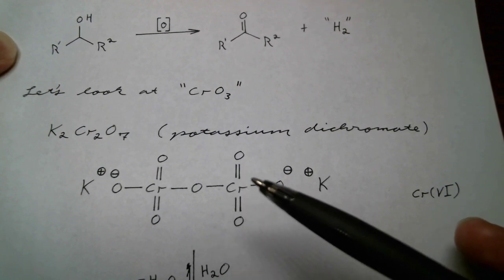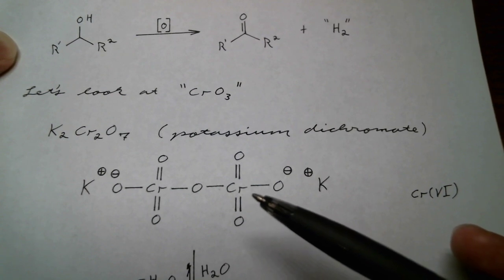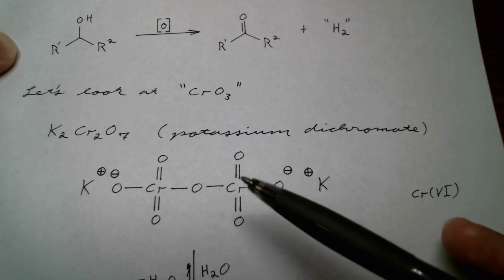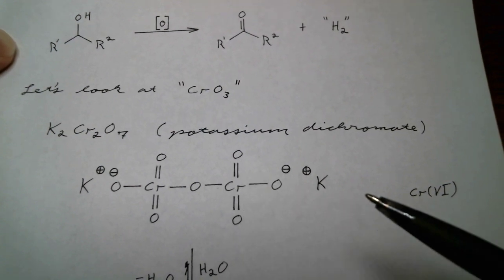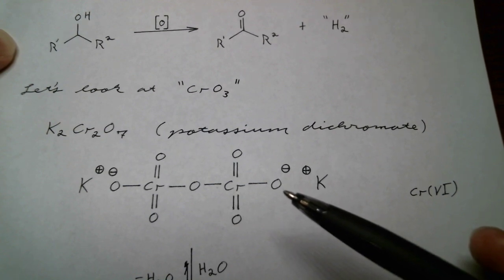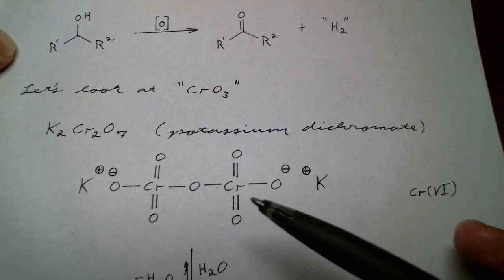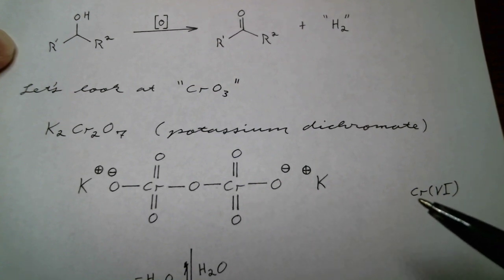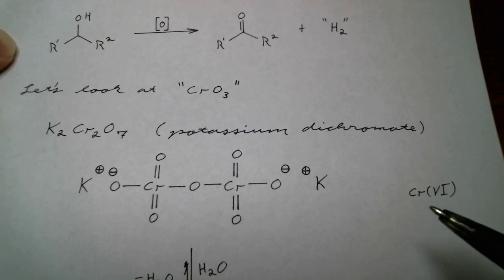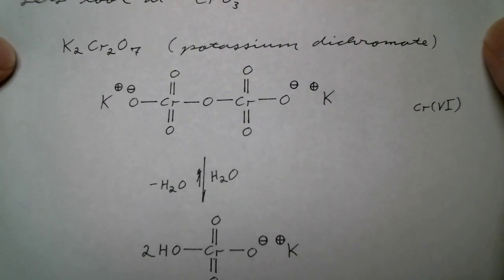With these 6 bonds, you might say that each chromium has 12 electrons, but when we have a metal with something as electronegative as oxygen bonded to it, however many bonds we have to oxygen is our oxidation state. So we say that that is chromium 6. Sometimes we use a Roman numeral to symbolize that oxidation state.